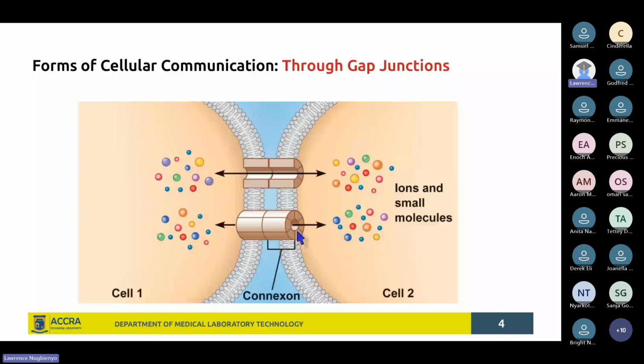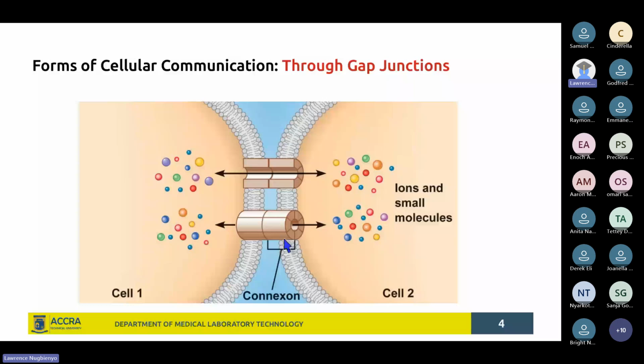And the connexon is a hexameric protein. So if you pay attention, you realize that each of these connexons, it is being shown, is consisting of 6 proteins. So it's hexameric. And if you take just one of the proteins, it is referred to as a connexin. So in place of the O is I. So it's connexin for one protein. But if you put all of these 6 proteins together to form that channel in the membrane, we refer to that as a connexon.